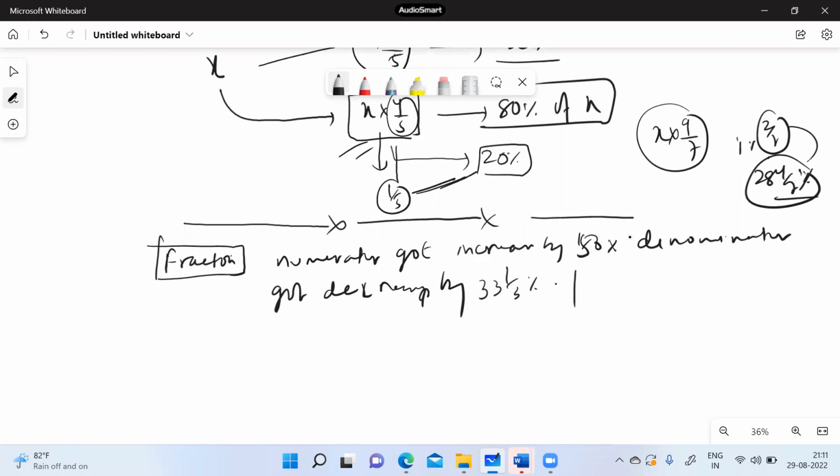You have to find the percentage change in the fraction.